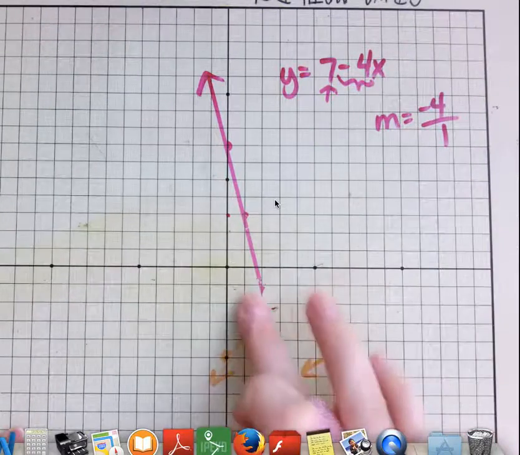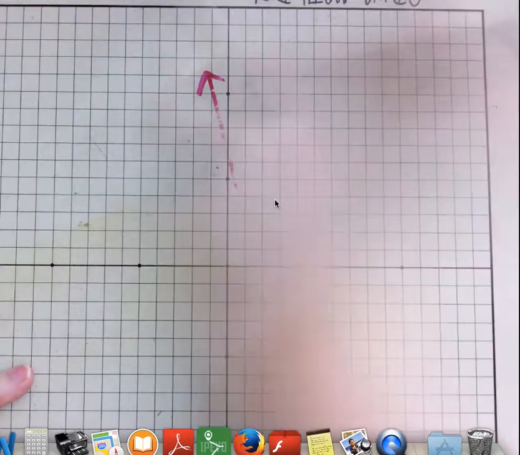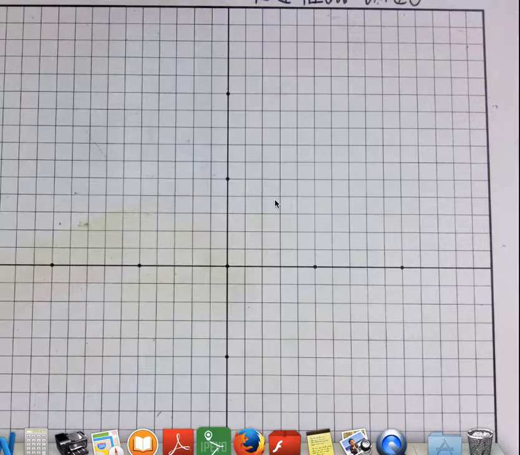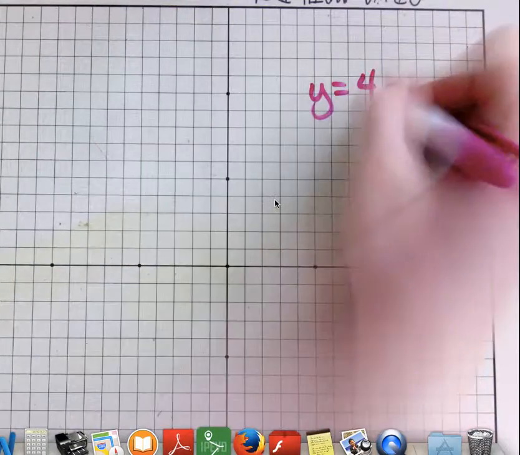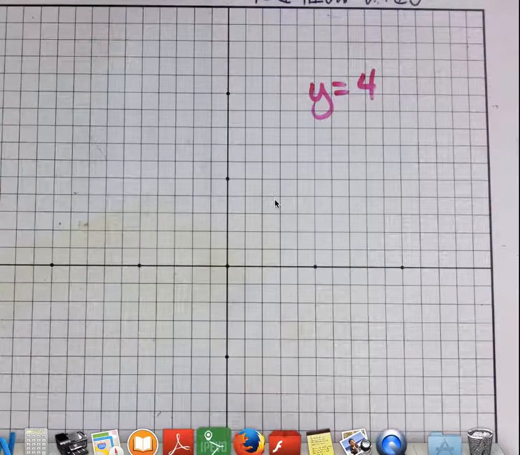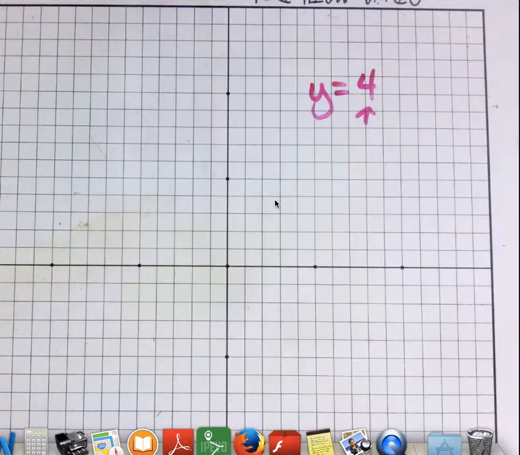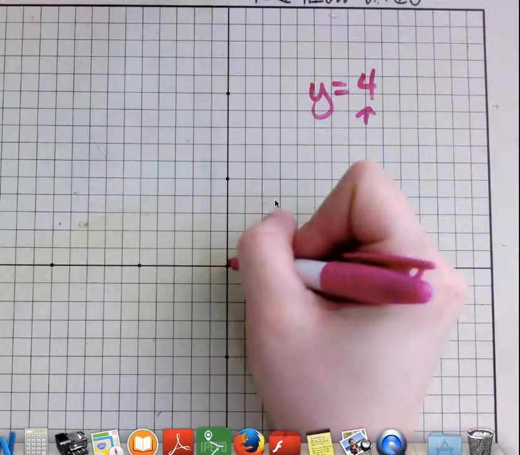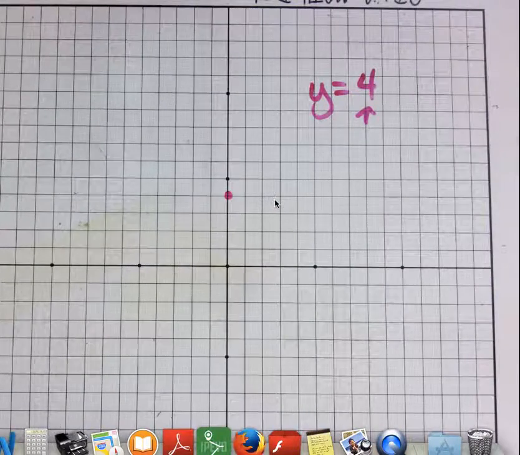All right, so if I also wanted to graph, what would I do if I had to graph y equals 4? So if I look here and I think of my y-intercept, this is my y-intercept. My y-intercept is 4. What's my slope?